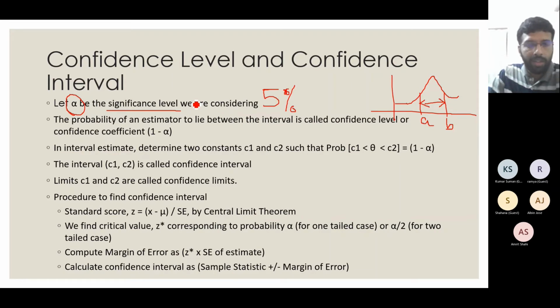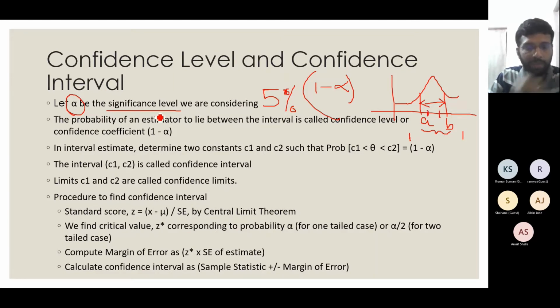Suppose I define A and B; then with a probability of 1 minus alpha, that is 95% probability, the actual population value should be lying inside my interval. As you can see, if I use 5%, I get an interval like this. If I use 1%, my interval will be bigger than this. And if I use 10%, my interval will be smaller than this.